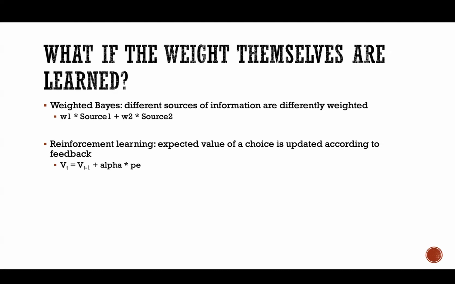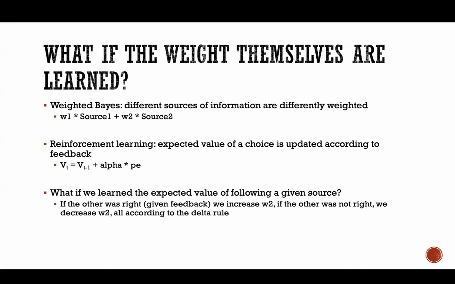All of them compile. I haven't stress tested them completely, but I'm just going to present one of them, right? The idea is that if the other was right, given feedback, we increase W2. If the other was not right, given feedback, we decrease W2, all according to the delta rule.